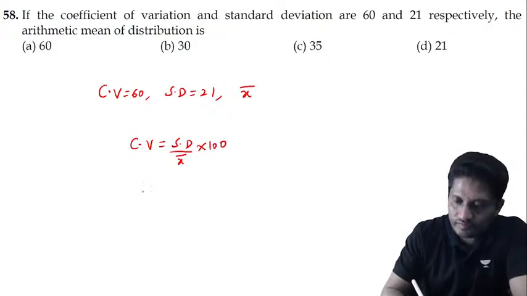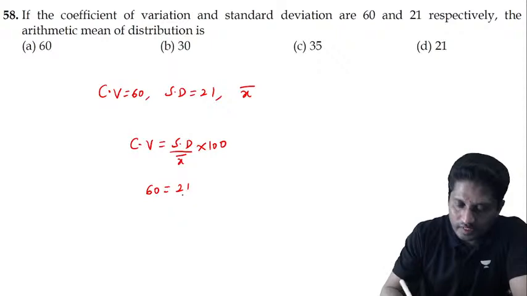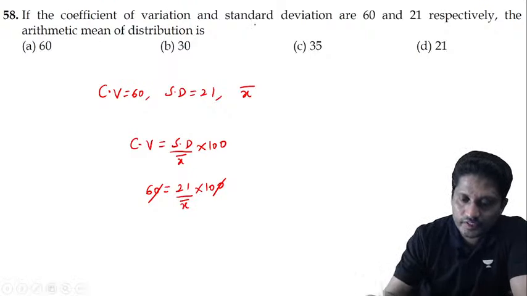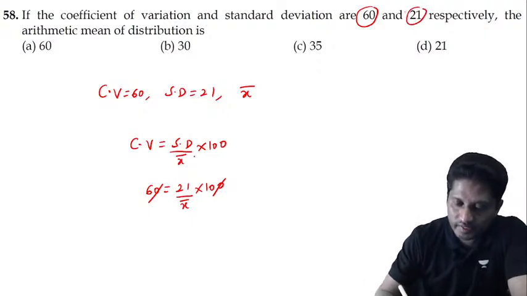So coefficient of variation is 60, standard deviation is 21, standard deviation by mean into 100. So this is mean into 100. X bar is equal to, coefficient of variation is 60 and standard deviation is 21. Standard deviation by mean into 100 is coefficient of variation. So coefficient of variation is 60.